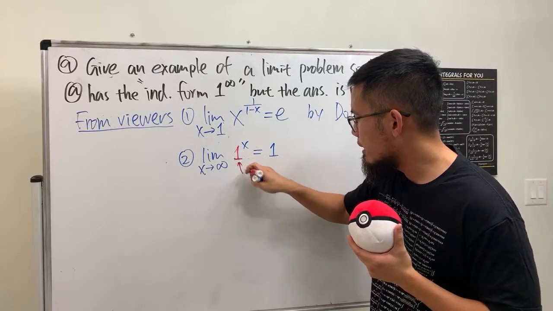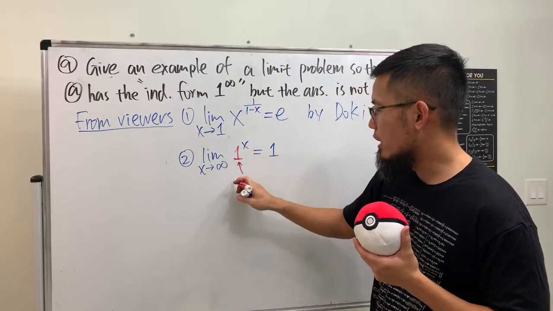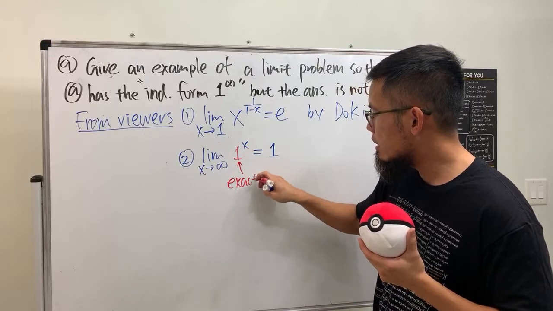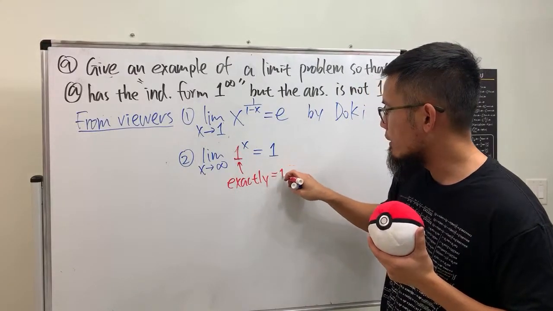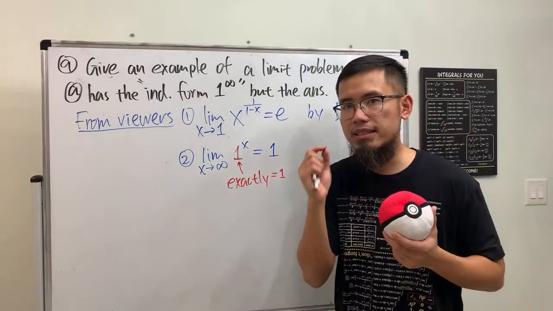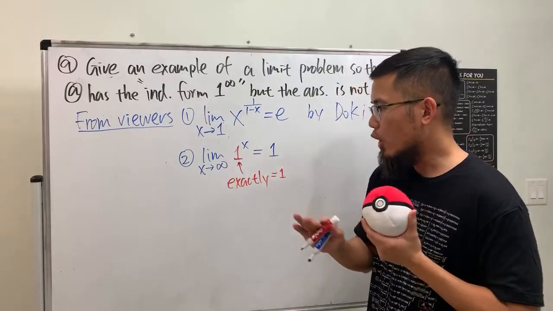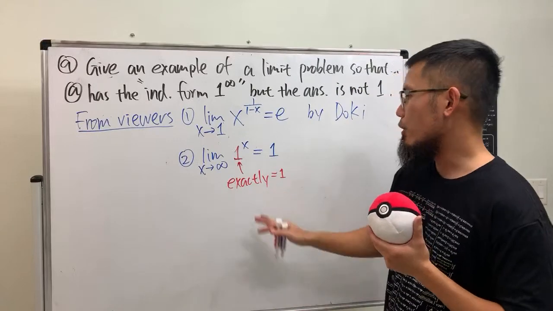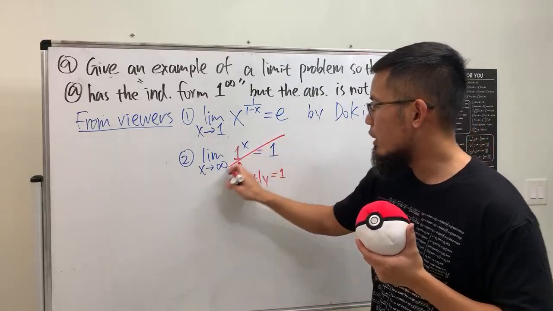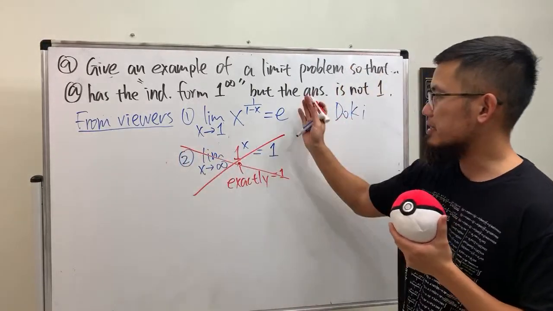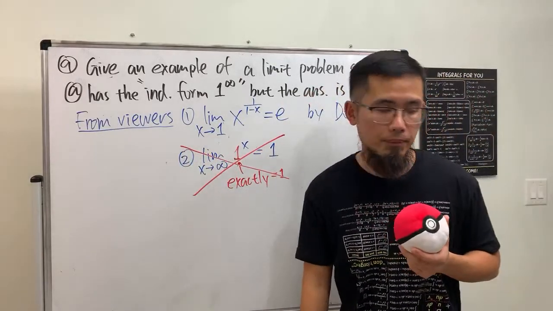This is exactly equal to 1. And when you have the base exactly equal to 1 to the x power, and x goes to infinity, this will always be equal to 1. So unfortunately, this wouldn't be an example of what we are looking for.